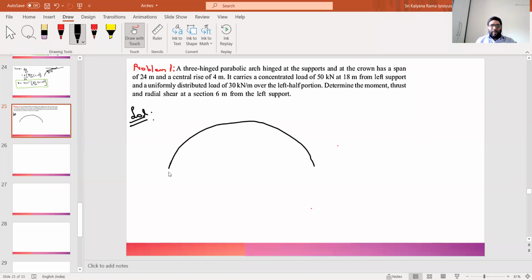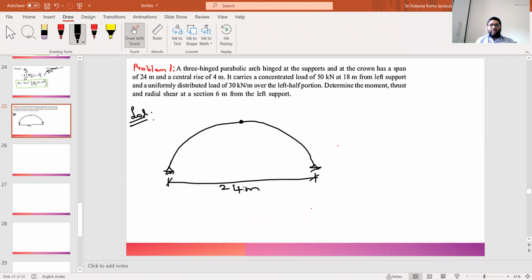So it is hinged at the supports, and at the crown. This is also an internal hinge. And what is the span? 24 meters.